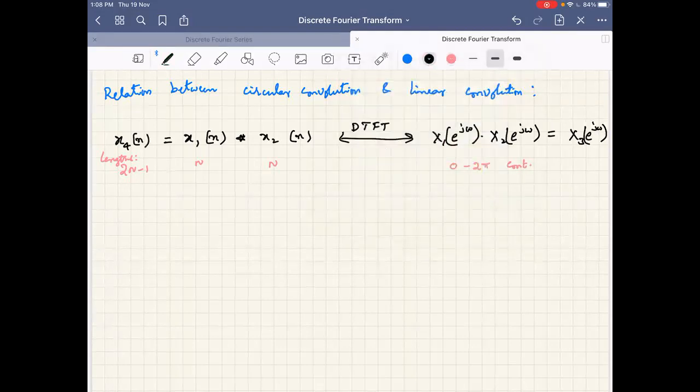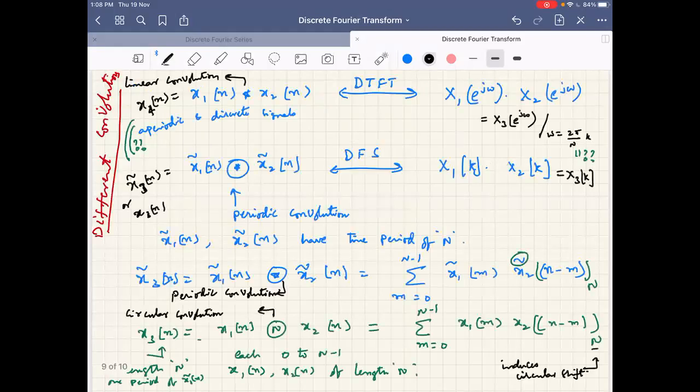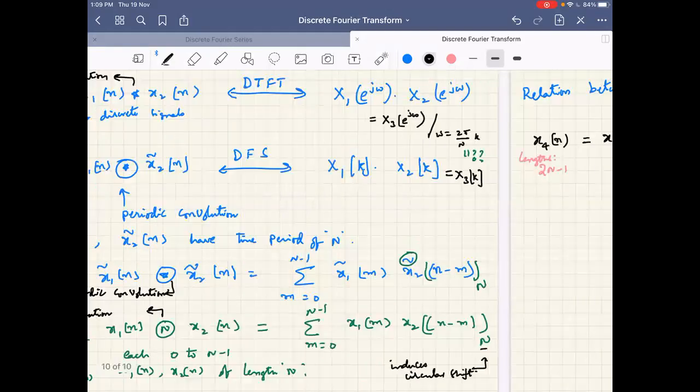Now let us write the other relationships. So we have here x1 of n, and we want to compute the discrete Fourier transform. Since we have seen that the discrete Fourier transform is nothing but one period of the discrete Fourier series, we can directly take from there and write.